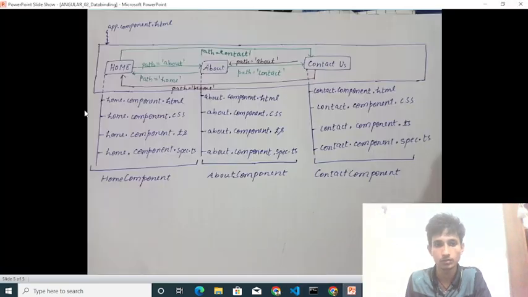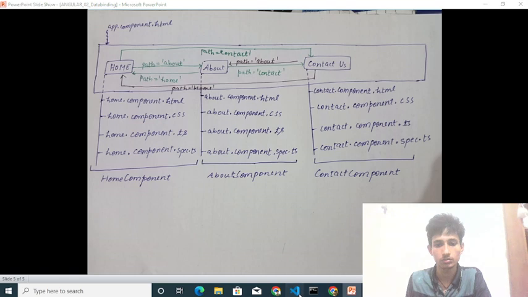See these four files, 1, 2, 3, 4, in the contact component, about component, and home component. Now I have completed my first step. Right now, one more thing I have to do. I will create a navigation bar that will contain these pages: home, about, and contact us.